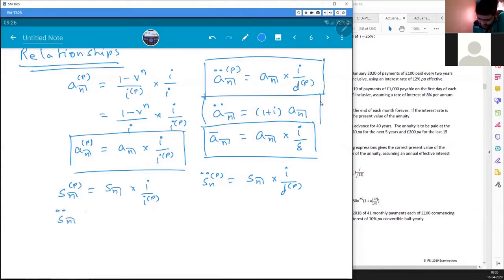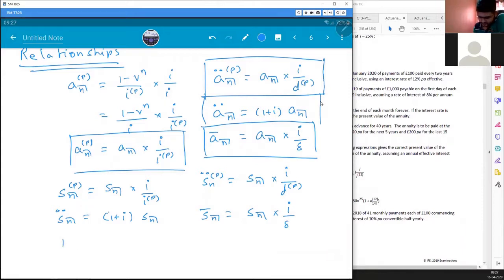S-due-n will be 1 plus i times s-n. S-bar-n is s-n into i by delta, and we have relationship between our present value and future value as well.